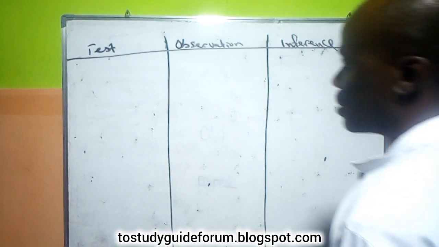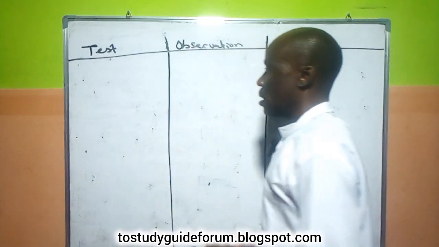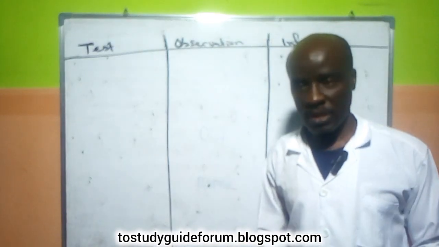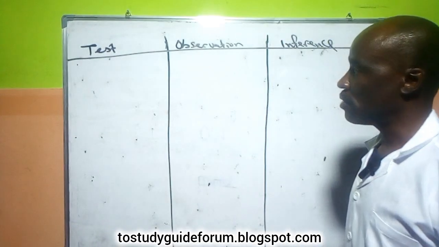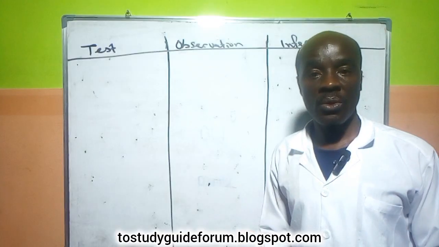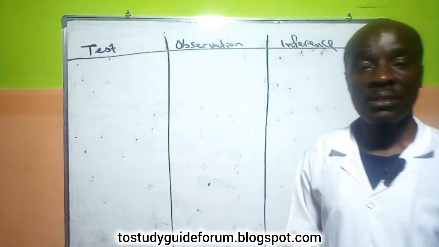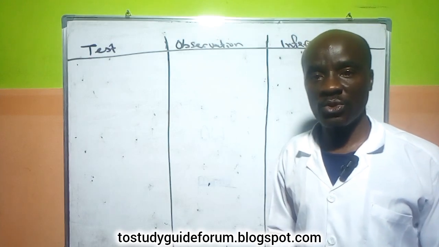Here we're going to be analyzing one of the salts for the coming exam. In this exam, we are given two salts. One of them is lead triazonitrate 5, and we are going to be analyzing it.